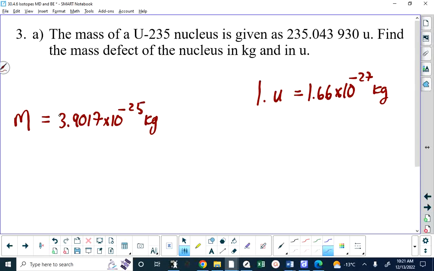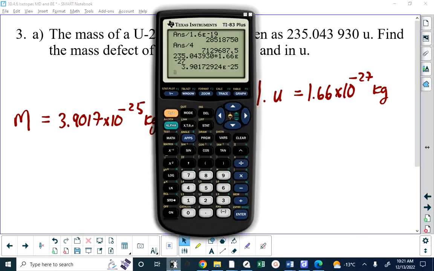I'm going to store that in my calculator as A. I want to access all of the decimals. I know on all of your calculators you can probably just scroll up and grab it. So this is the mass of the nucleus.